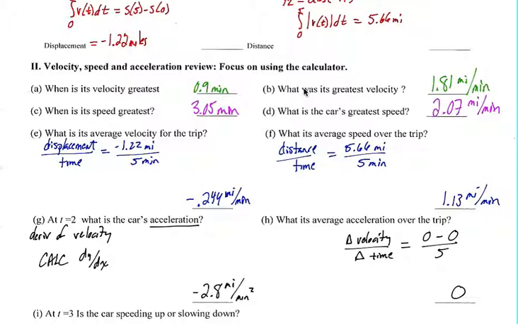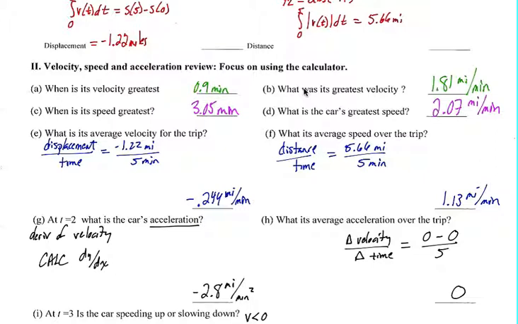So the average acceleration is 0. And then the last question, is the car speeding up or is the car slowing down? At time equals 3, the velocity is less than 0, and you can get that from the graph.